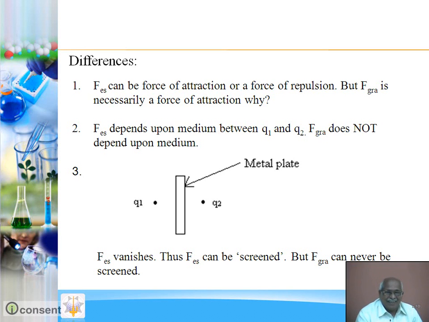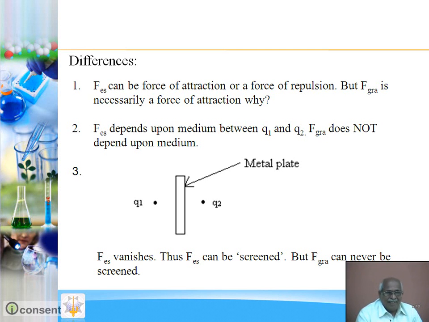It cannot be force of repulsion. Why? What is the reason? The equations are similar, but electrostatic force can be force of attraction or repulsion. On the other hand, gravitational force is necessarily force of attraction.